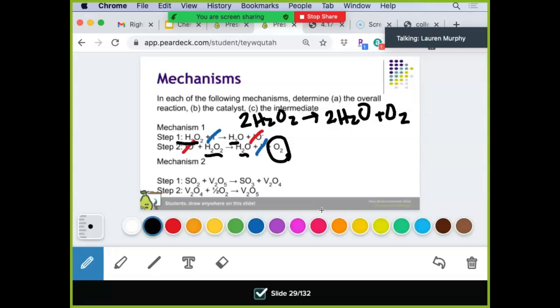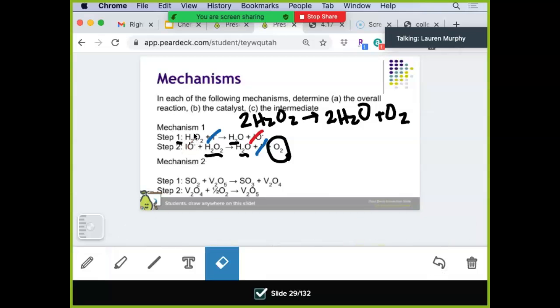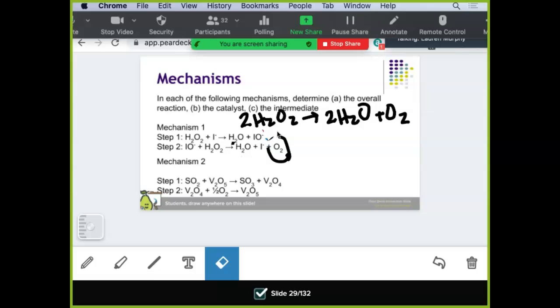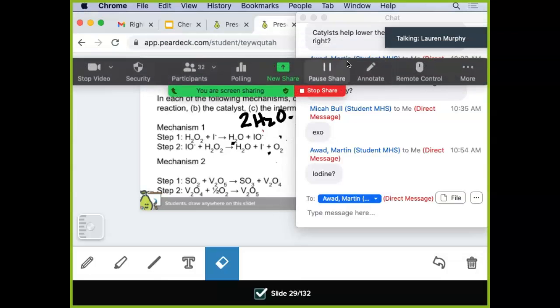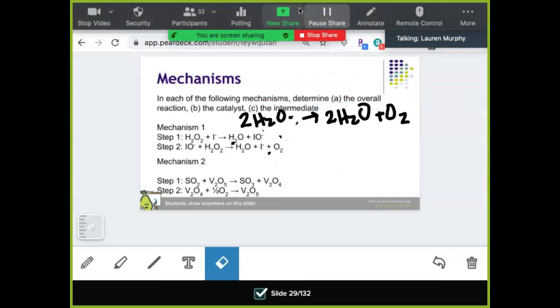What's another way we can speed up a reaction? Add a catalyst, right? So look at this. Is there a catalyst in this reaction? Is there a reactant that goes in at the start of the reaction and comes out unchanged?